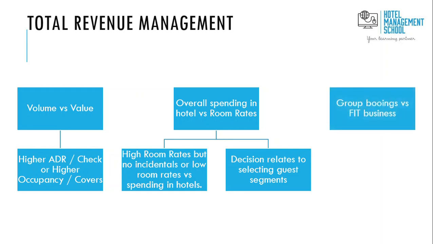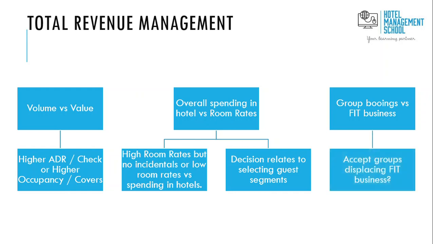Group bookings and FIT bookings is another concept which we normally decide in total revenue management. Whether we should take group business or whether we should take FIT business. Group business will be able to give us higher revenue overall. However, it may displace the FIT revenue, which keeps on coming, because groups normally come only once in a year or once in a while, rather than the FITs which are coming regularly to the hotel and supporting the hotel.